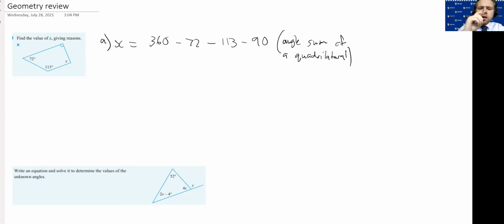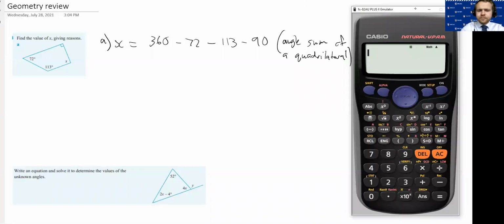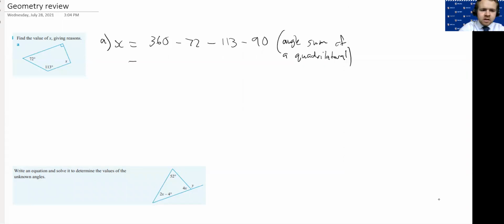Okay, so I've done my working, I've done my reason, and then I can pop this in my calculator and I'll get my answer. 360 minus 72 minus 113 minus 90 will give us our answer of 85. So it's 85 degrees is our value of x. Working, reason, and then answer.